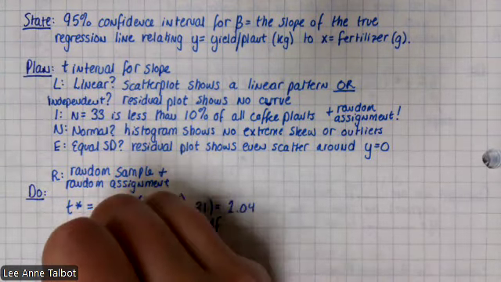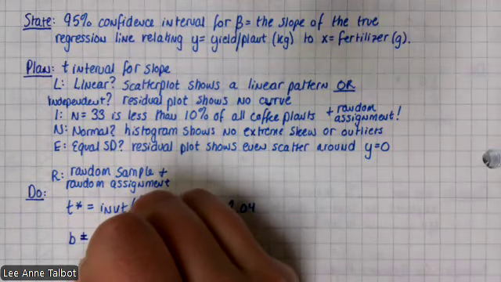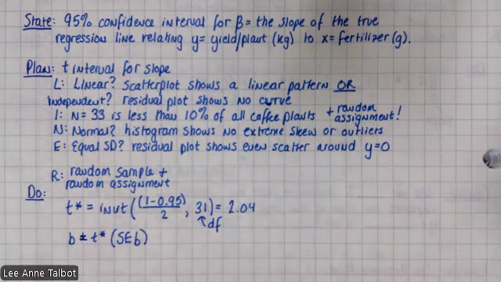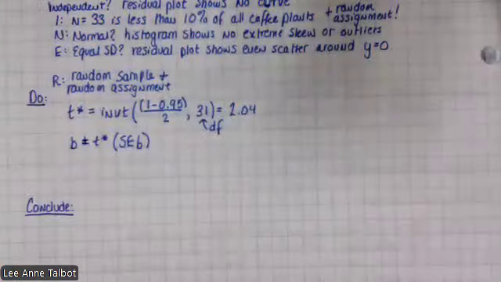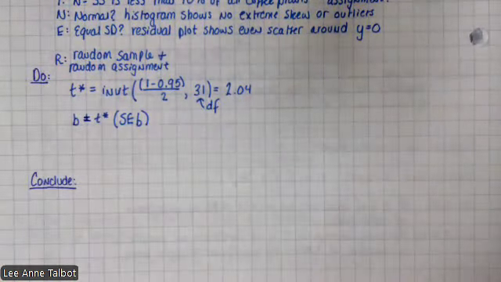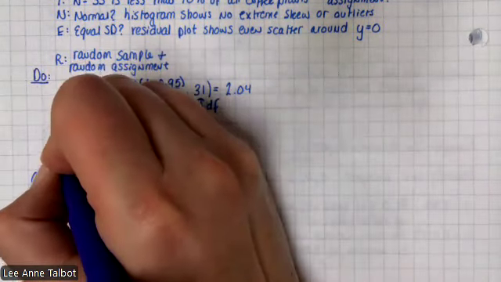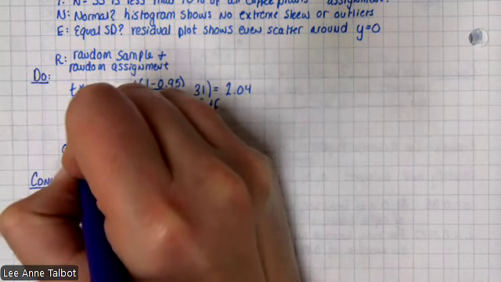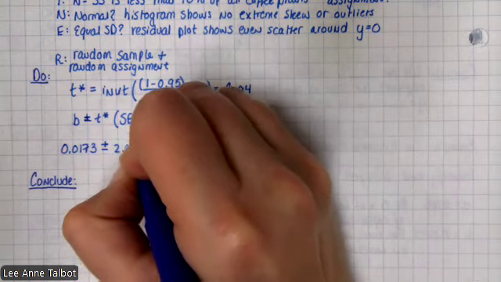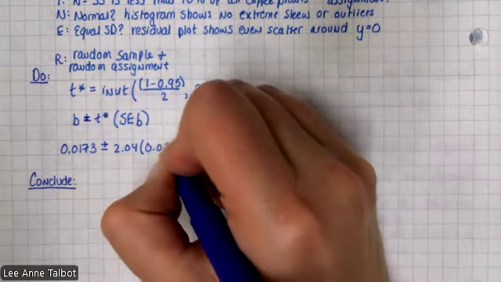Okay, so it goes b plus or minus t star times the standard error of the slope. b was 0.0173. The standard error of the slope was 0.0094.